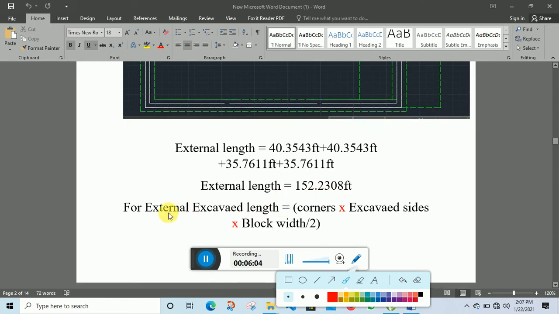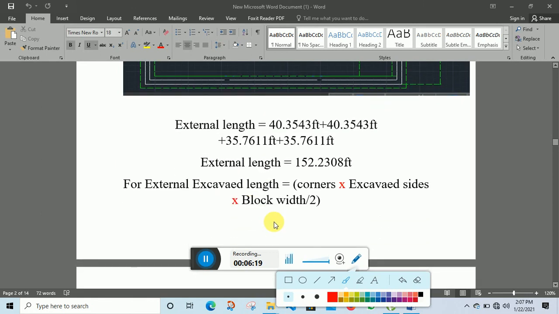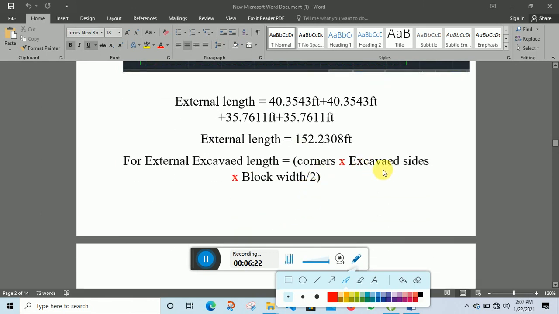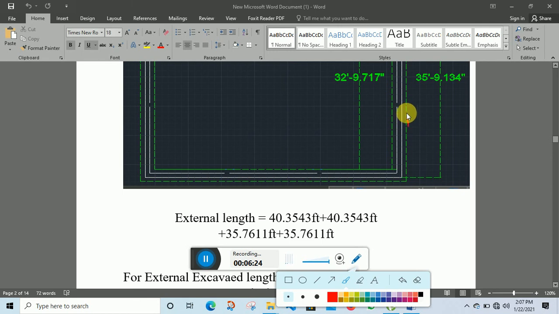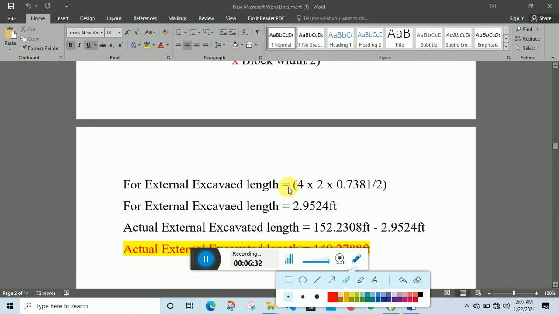For the external excavated length we have this formula: corners multiplied by excavated sides, multiplied by block width, divided by 2. We have 4 corners: 1, 2, 3 and 4. And excavated sides, we have 2 sides, this is right and this is left. So 4 corners, 2 sides, the width of the blocks, divided by 2.